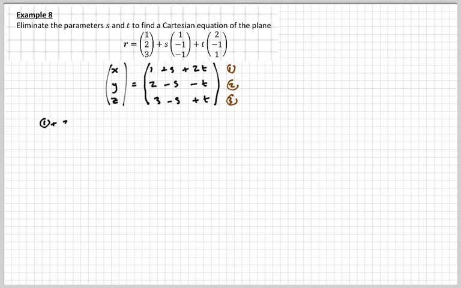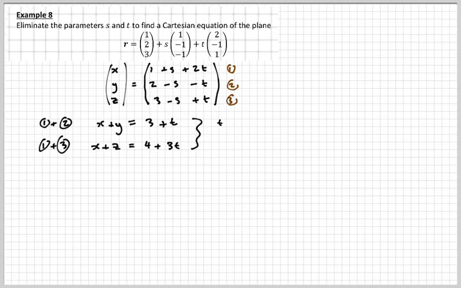So if we do 1 plus 2, we get x plus y equals 3 plus t. Okay? And now from here, we can do, say, 1 plus 3. And we get x plus z equals 4 plus 3t.